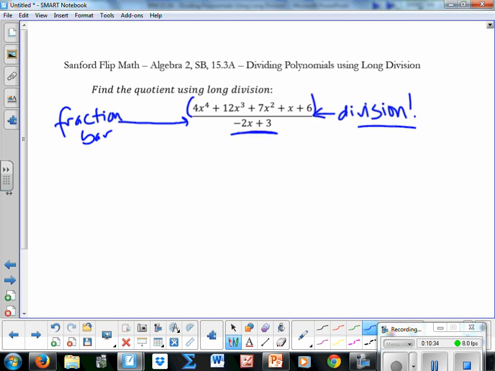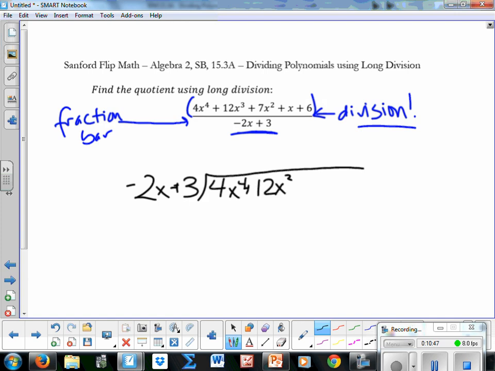So we're going to use the same process as before. We've got our negative 2x plus 3 on the outside, and underneath the bar we've got 4x to the fourth power plus 12x cubed. This whole polynomial goes underneath here. This one's a little bit longer than the last one, so it's going to take us a little bit of time, but we'll get there.